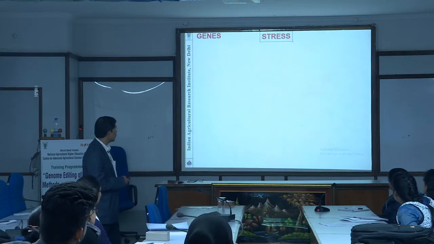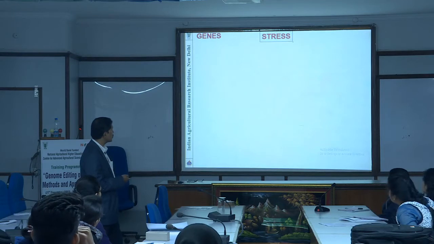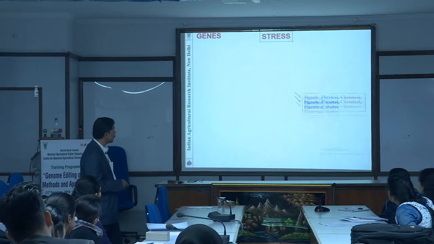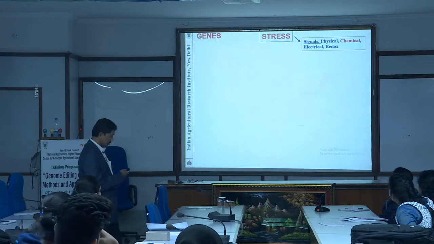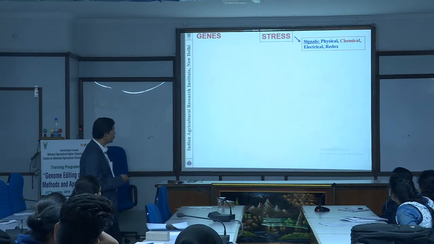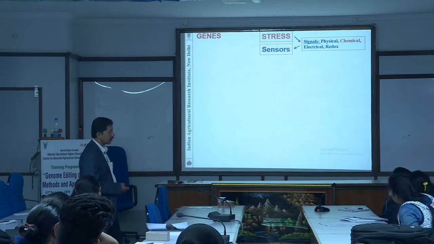So far we have talked a lot about the environment, and we should also know the mechanism of stress tolerance and what genes are involved. Again, this is a very vast topic, to discuss the genes involved for each stress. Any stress is going to produce some signal. How will the plant know?